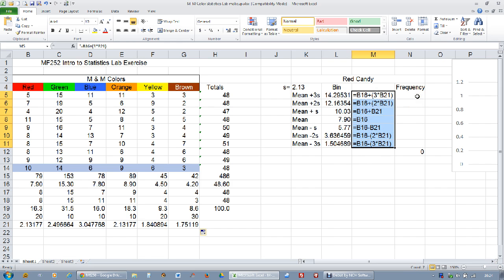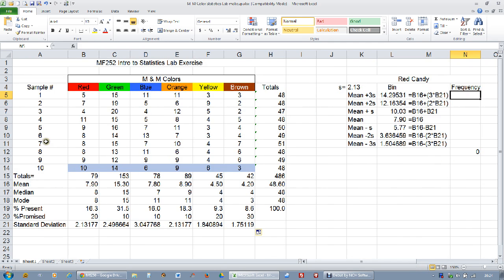And now frequency. We're going to go back and look at our column. We have 5, 7, 4, 11, 9, 8, 8, 8, 9, 10. And we're going to look at our bins.